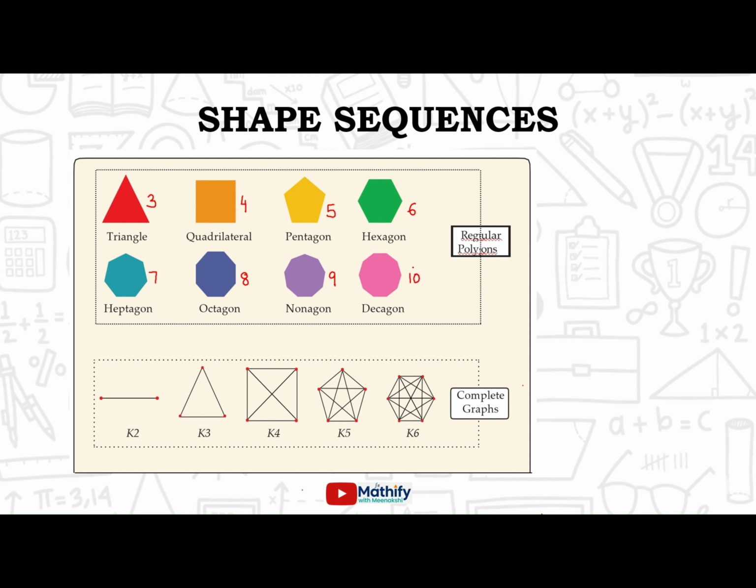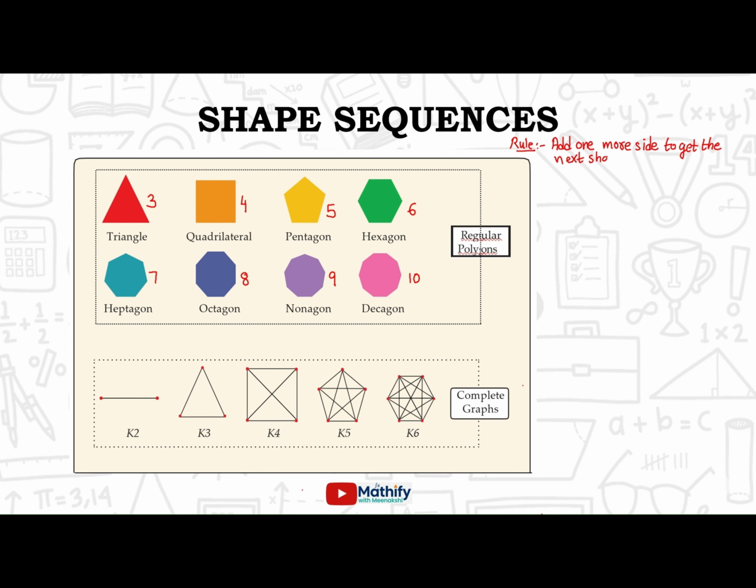So, what pattern do you notice here? Here the number of sides increases by one each time. So, let me write the rule we use here. The rule for the first sequence is to add one more side to get the next shape.